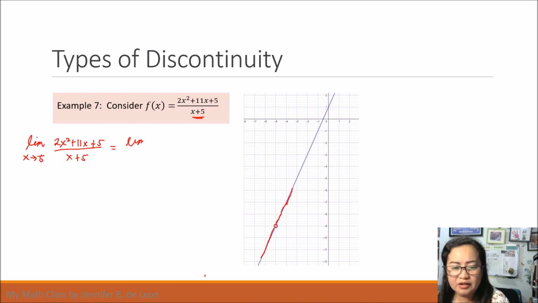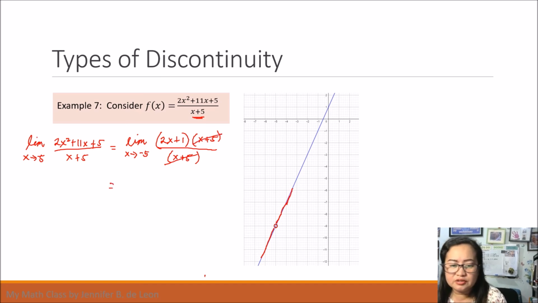So we factor the numerator: 2x squared plus 11x plus 5 can be factored as 2x plus 1 times x plus 5. As you can see, we can cancel the denominator x plus 5. So simply, we will be evaluating 2x plus 1 as x approaches negative 5.